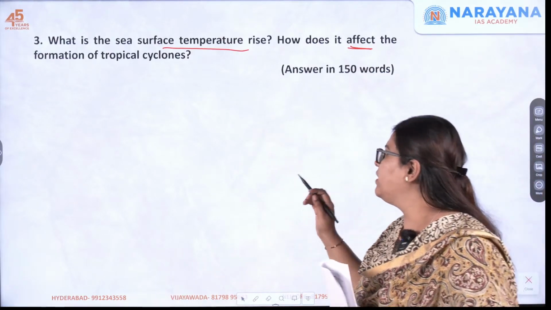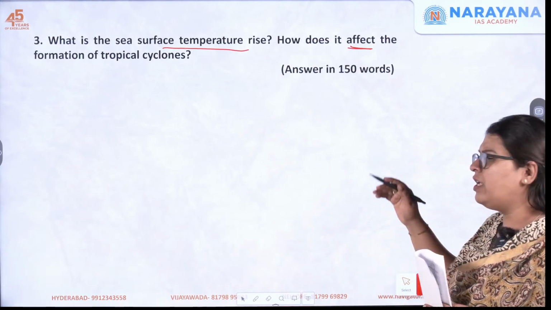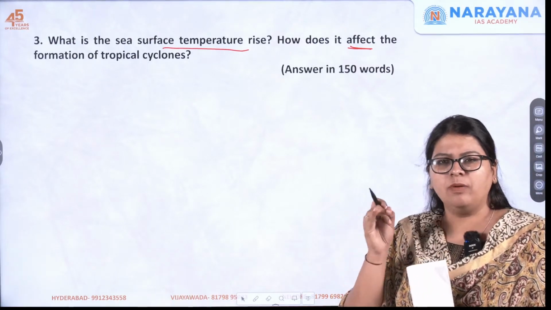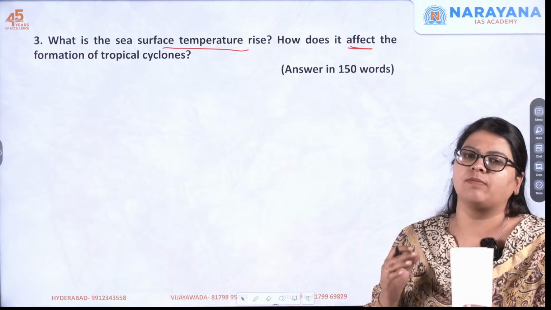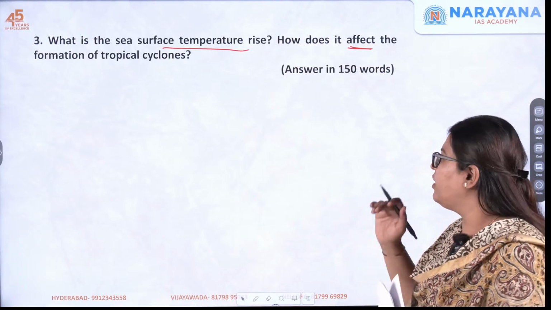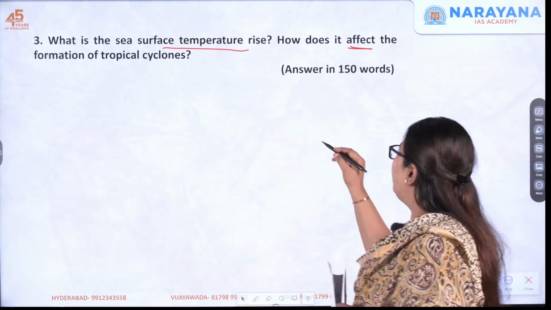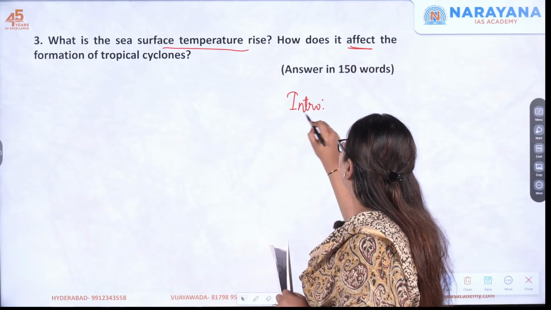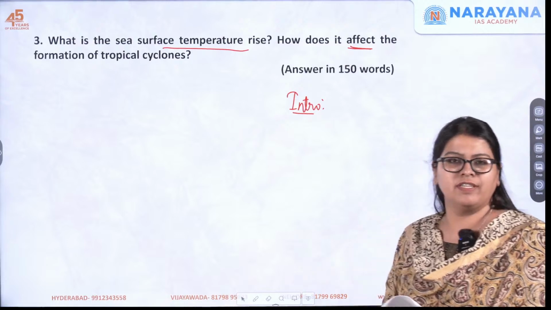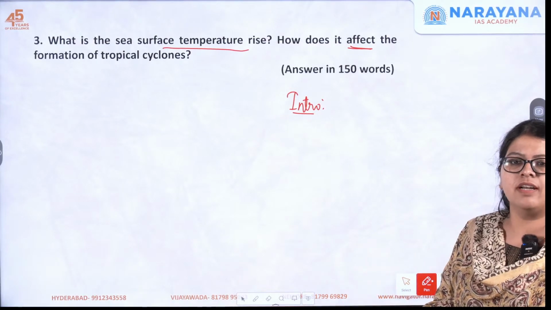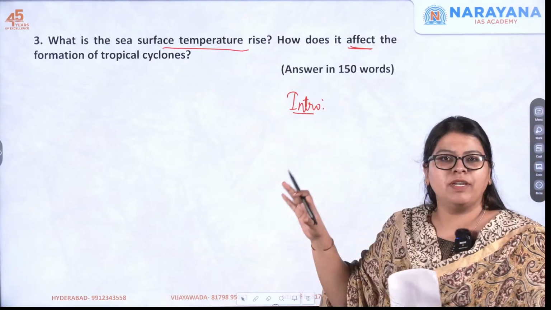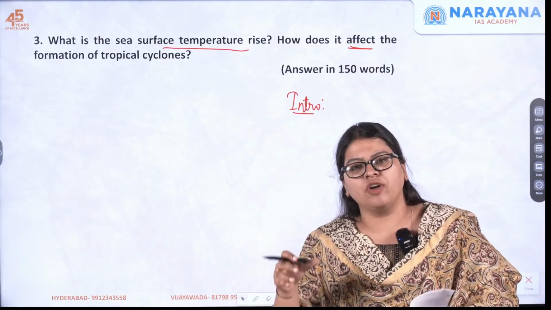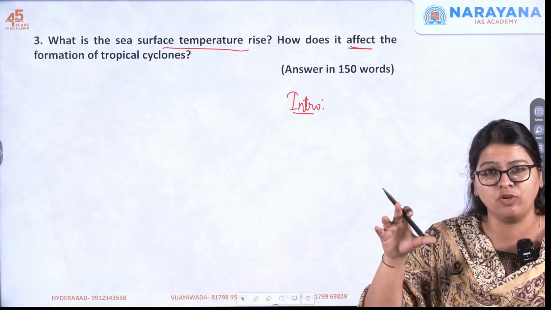As we discussed in our previous discussion, every answer must have 5 parts: introduction, body, conclusion, flow, as well as presentation. In the introduction itself, you must not start with what is sea surface temperature, because this is the main question that has been asked. Sea surface temperature and its impact on tropical cyclones should be dealt with in the body.